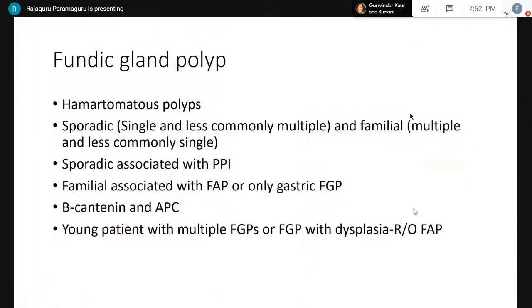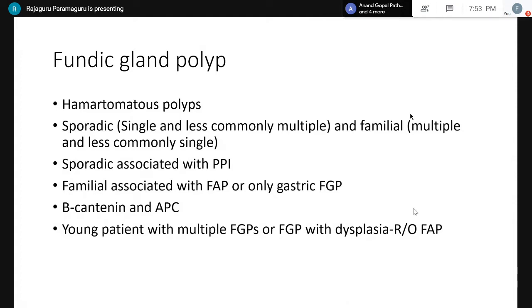So it is a type of hamartomatous polyp, which can be sporadic or familial. In sporadic cases, they are usually single. Whenever it is multiple, they can be familial, and the multiple cases can be associated with familial adenomatous polyposis.